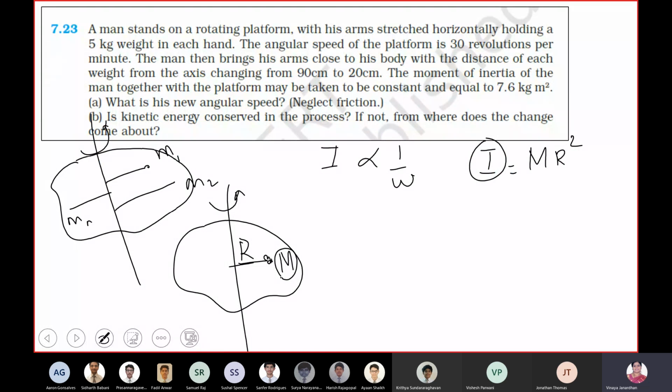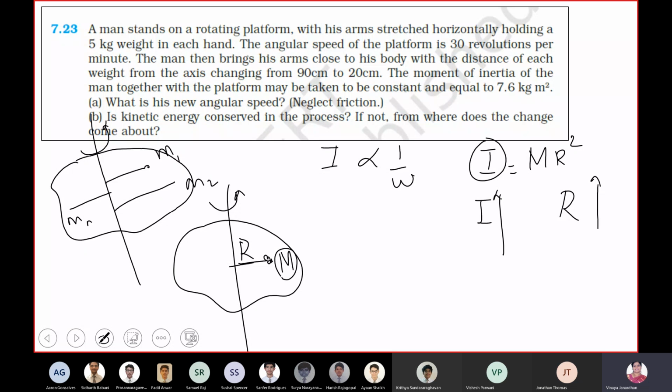Is that clear, boys? If the mass is far away from the axis of rotation, that is r. If r increases, does the moment of inertia not increase?